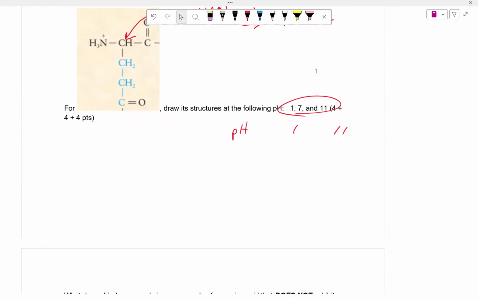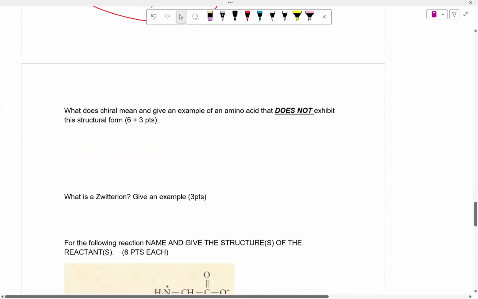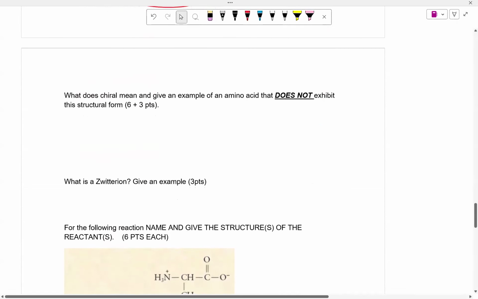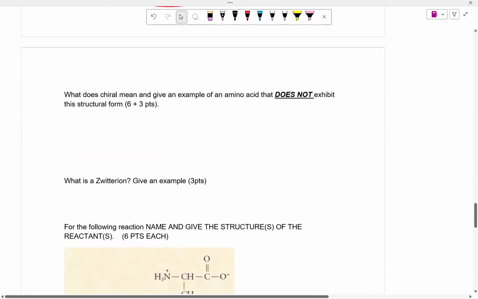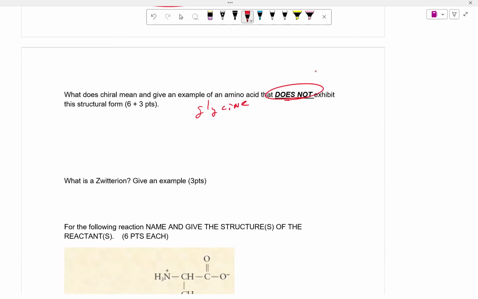That's where this is going, but there's no structure. Okay, already talked about chiral amines, and glycine is the one that does not exhibit the structural form.